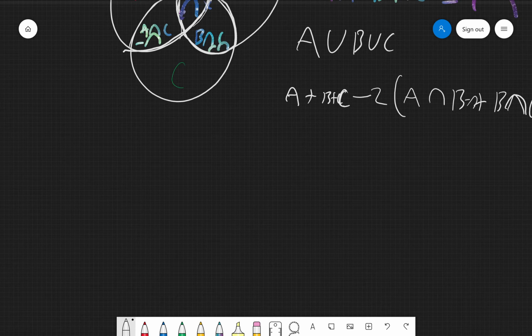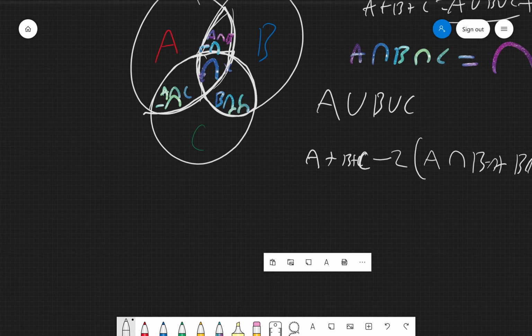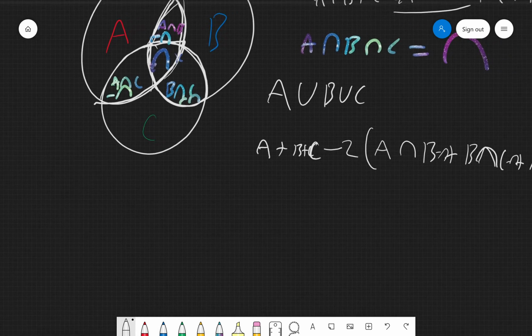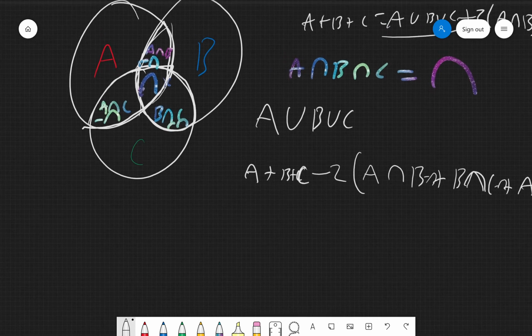How do we do the principle of inclusion and exclusion for A, B, and C? We get A plus B plus C, right? Minus 2 A intersection B. Okay, I'm just going to write it out like this.